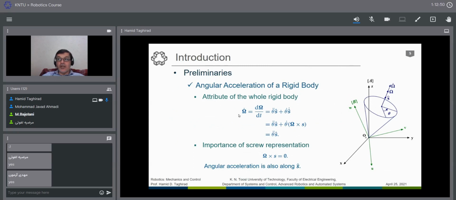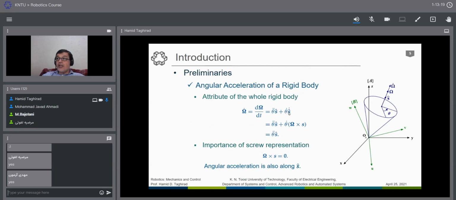We say that omega dot is d omega over dt, the differentiation of omega. And we know that omega, as you remember, was theta dot times s. So the derivative is theta double dot times s, plus theta dot times s hat dot.